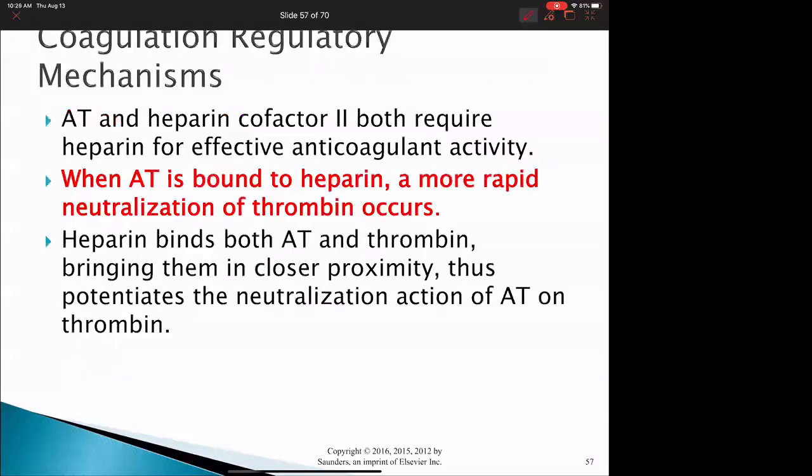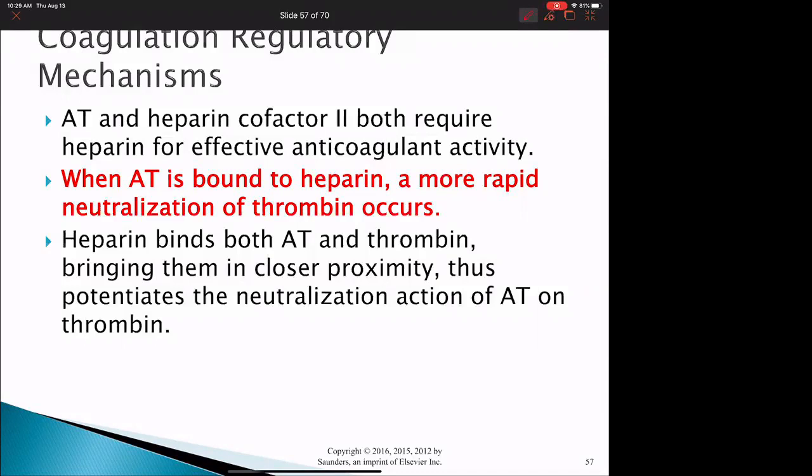Okay, moving on. Antithrombin and heparin cofactor 2 both require heparin for effective anticoagulant activity, okay? When antithrombin is bound to heparin, it has a more rapid neutralization of thrombin. So it has a cofactor, it needs heparin in order for it to work more effectively, okay?